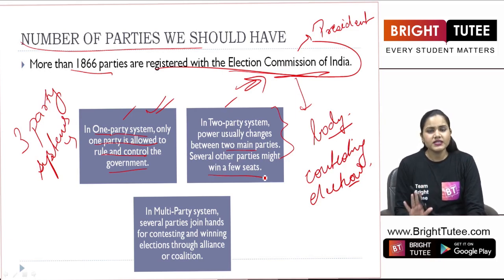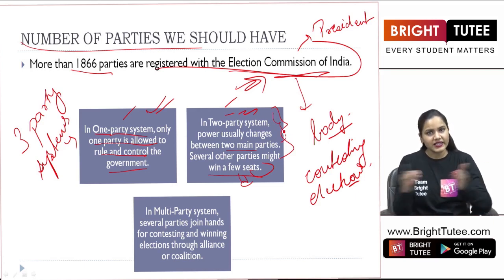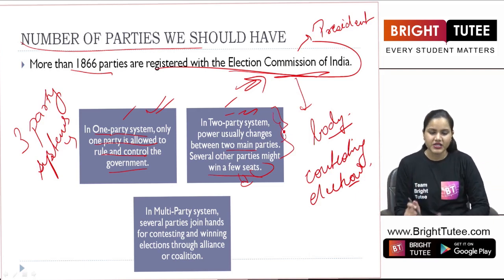Now, in two-party system, we see that there are some other parties, but they have a very slim chance of winning. So, they win quite limited seats, quite few seats here. But there are two main dominant parties that are contesting elections among themselves.